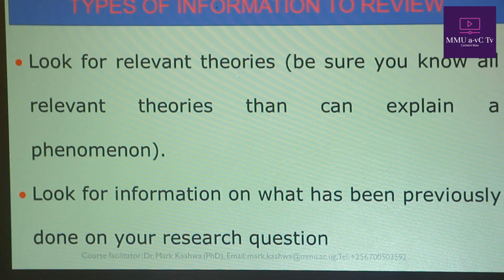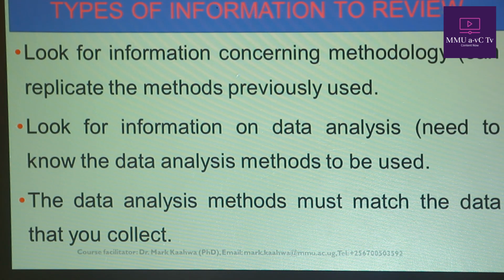Then two, look for information on what has been previously done on your research question, and what has not been previously done, and what you can do when you come in to investigate this aspect of this question. Look for information concerning methodology. Methodology here we mean how the entire research can be conducted.